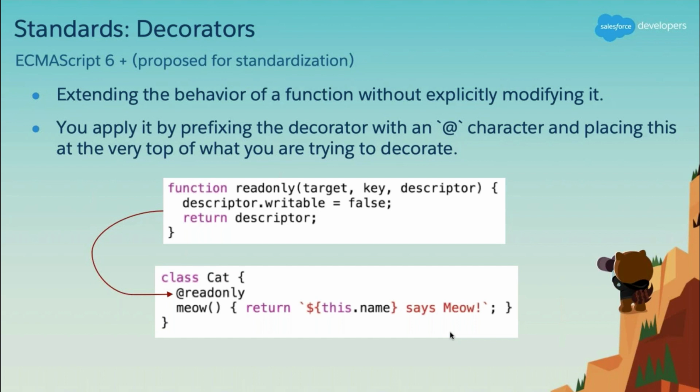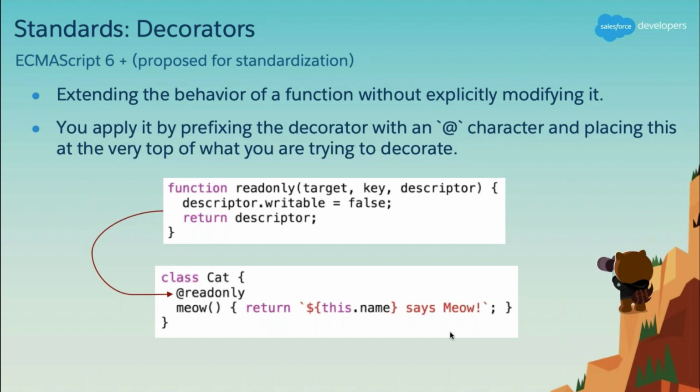So here, if you look at the screen, there is a function that tries to make something read-only. And I use it in a different place by prefixing it with @. If you look at the class cat, I'm saying @read-only, and I have a function which is returning something. Now if I want to make this function read-only, I just need to denote it with @read-only.